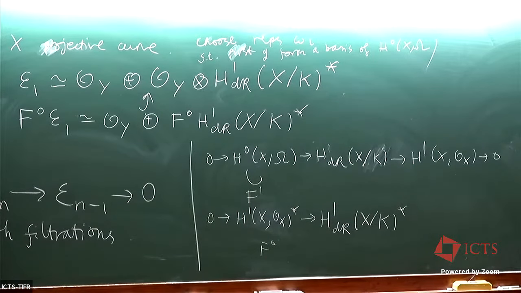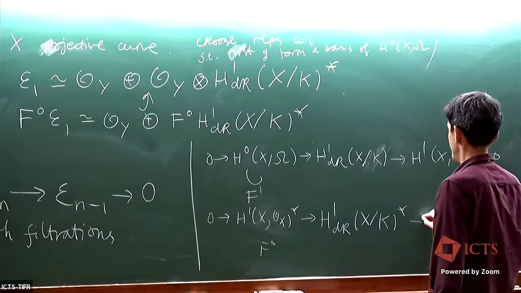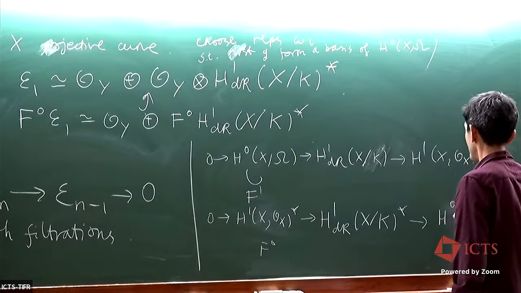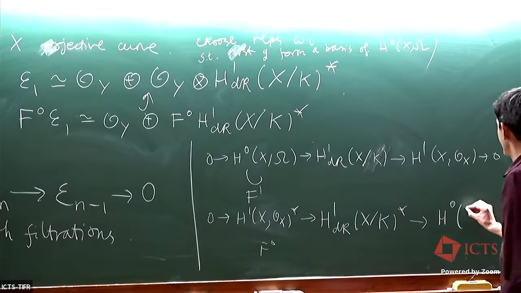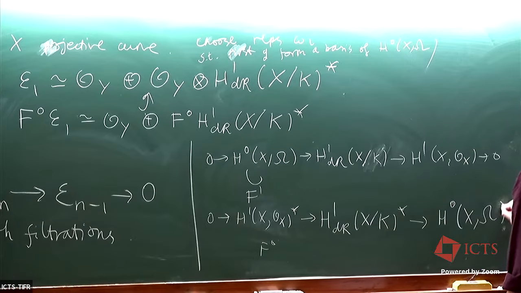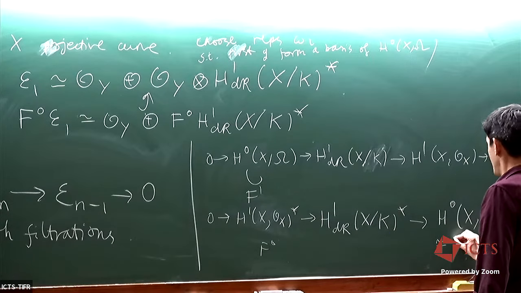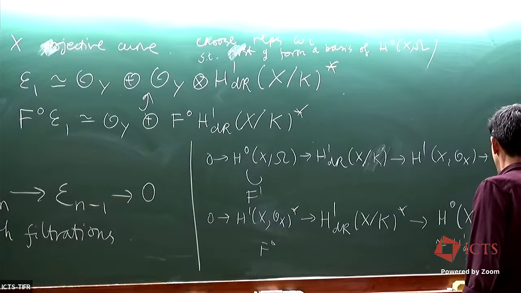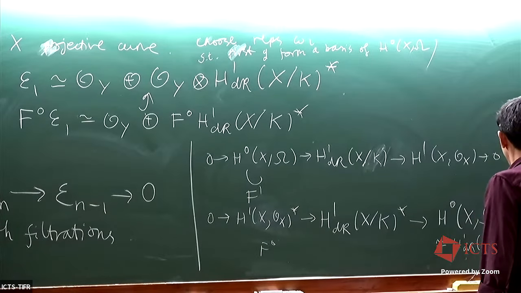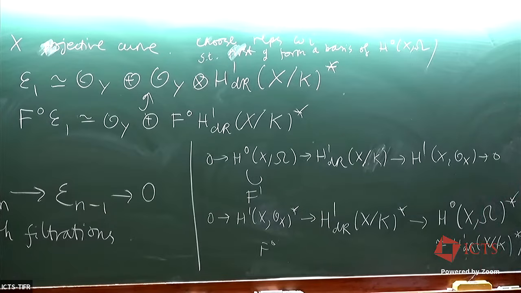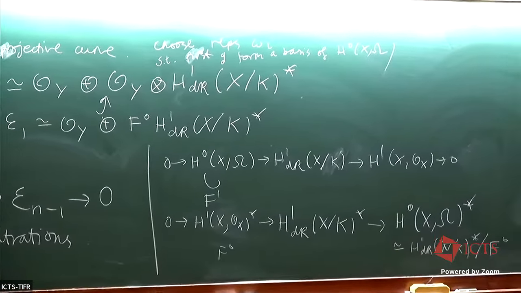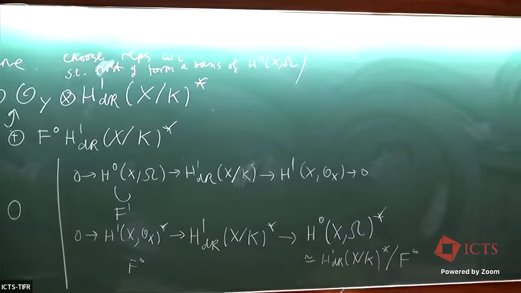And then H1 de Rham dual modulo F0, the thing that we've actually spent a lot of time thinking about, is the space of functionals on differentials, which we can just think of as H1 de Rham of X over k dual modulo F0. Okay, so depth 1, it seemed very simple.